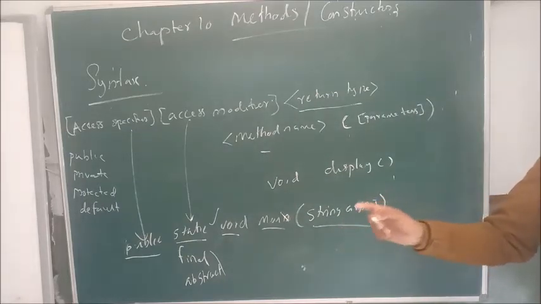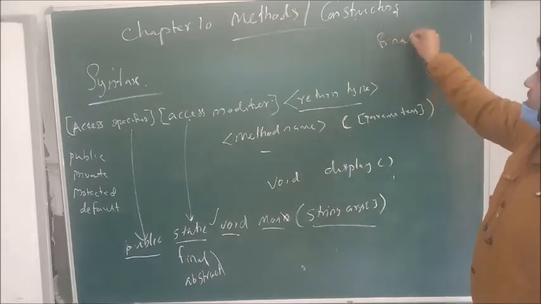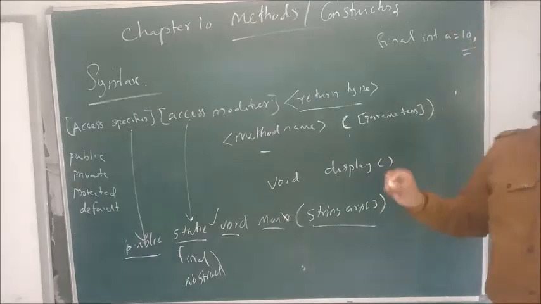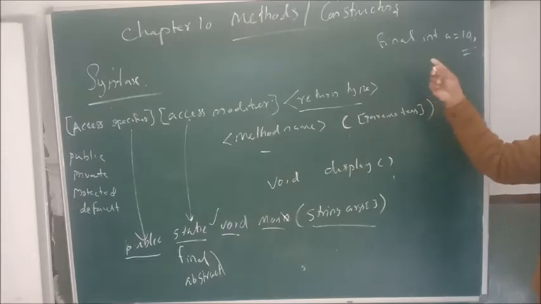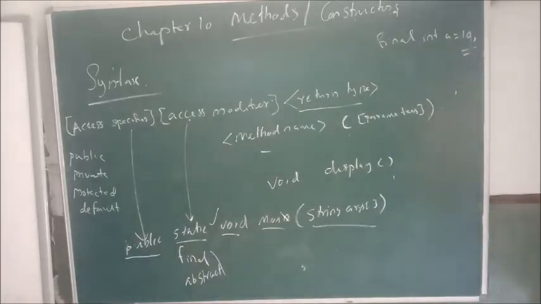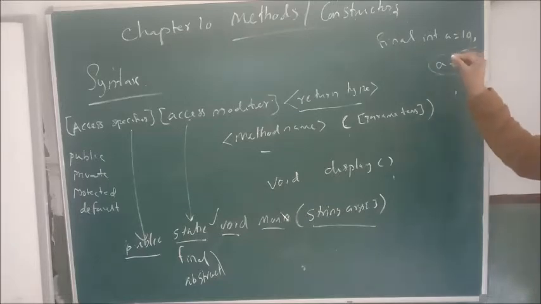I know you learned the final keyword earlier in 10th class, where you declare a constant as final int a is equal to 10. Which means that int a is not a variable, it's a constant. That means its value is not going to change during the execution of the program. Suppose you declare final int a is equal to 10 and you try to execute a++, what is going to happen? The compiler will give you an error saying that you cannot modify it as it is a constant.